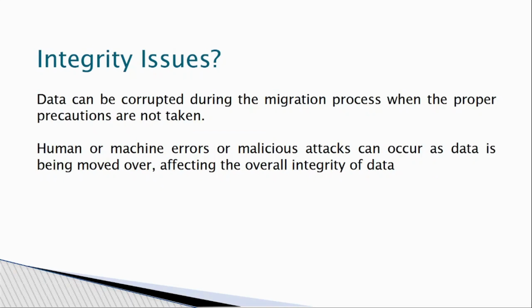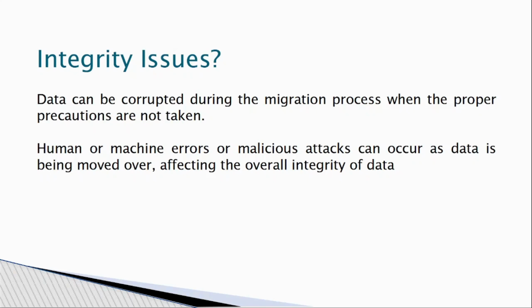So what integrity issues will arise during data migration? If the data is not properly moved from one application to another application or one database to another database, then the data may be corrupted, or while data movement people can make human mistakes or machine errors.